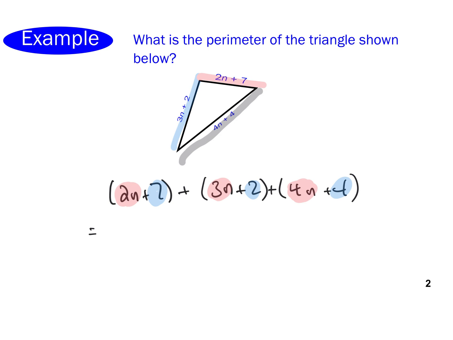So if we put this all together, we have 2n plus 3n plus 4n plus 7 plus 2 plus 4. What does that give us? 9n plus 13. There you go. That is the perimeter of the triangle.